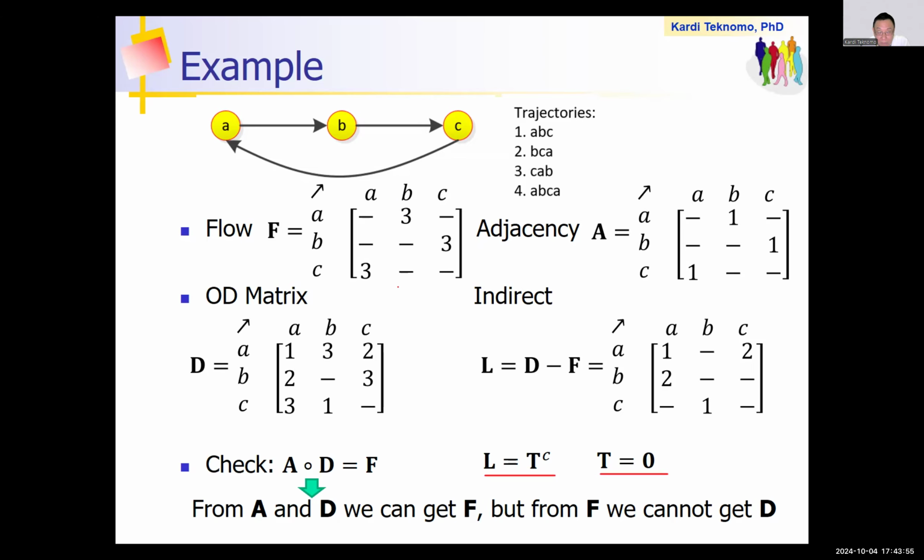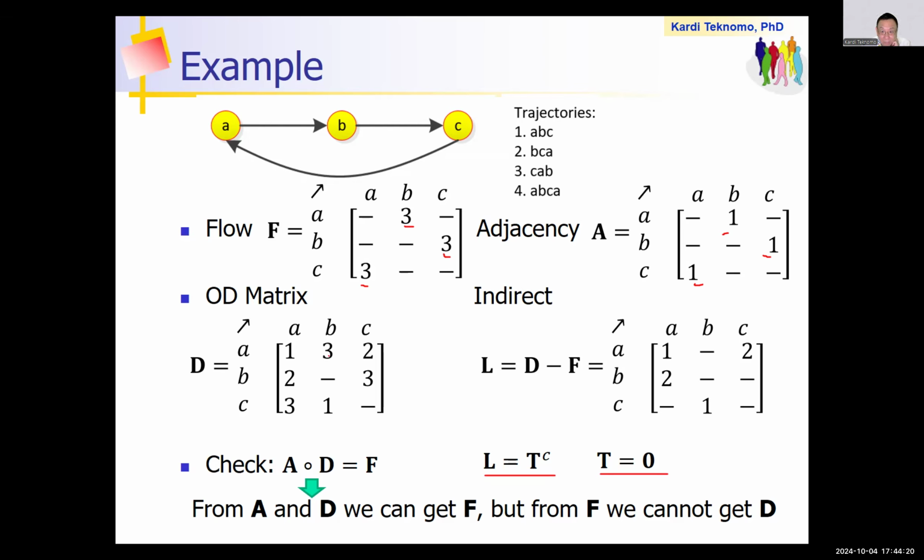If you look at this flow matrix and adjacency matrix, they have the same pattern, right? You can see the non-zero, the positive values. They are in the same place or not.